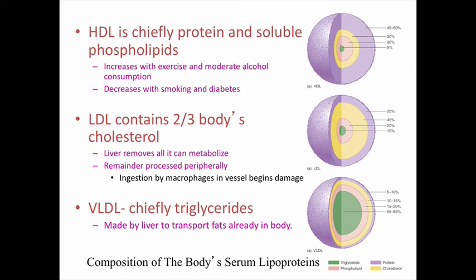It has a moderate amount, 20%, of cholesterol, and then the vast majority, between 45 and 50% of the particle, is actually protein. So these are considered the high density lipoproteins. These are the ones that we want to be up above 60 ideally.